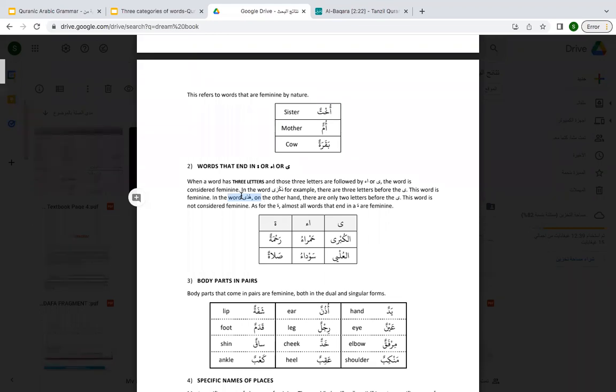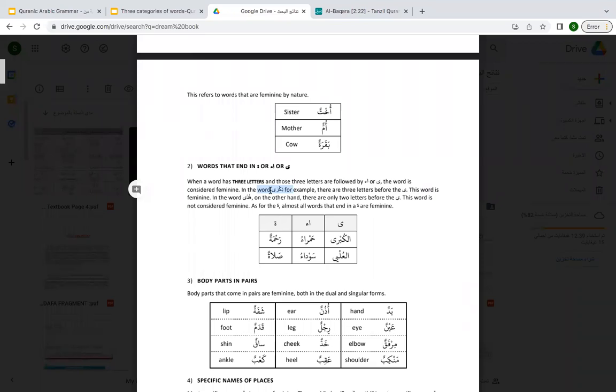Your word is zikra. Here it is. Is it masculine or feminine? Manahil, why is it feminine? Very good.